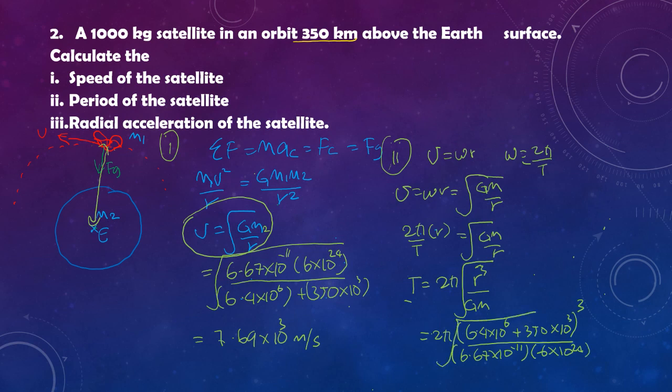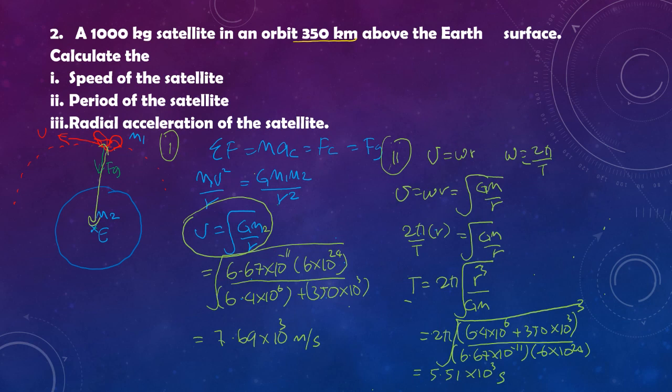Don't forget the square root again, and you will get 5.51 times 10 to the power 3 seconds.